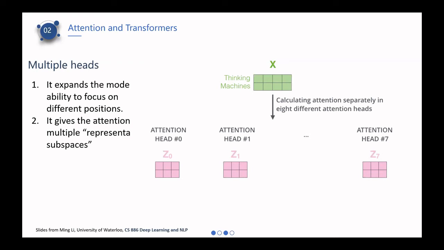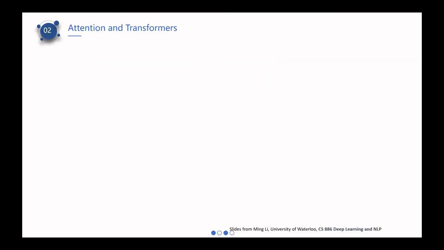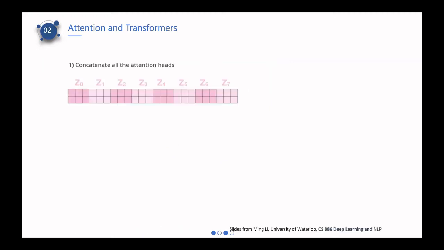It also gives the attention layer multiple representation spaces. The whole idea of deep learning is that you want to learn, and the more parameters you have, the more you can learn, because you determine them based on data and training. So instead of 1 Z, we will have 8 Z's, from Z0 to Z7, each coming from a different head.